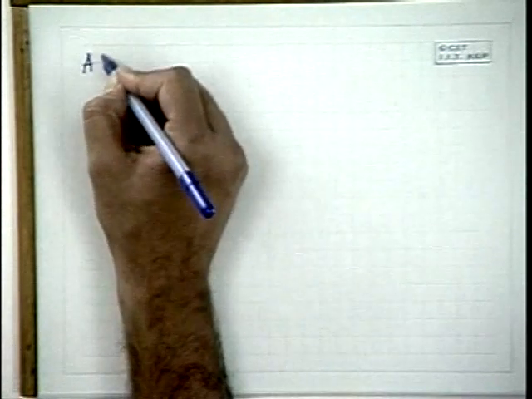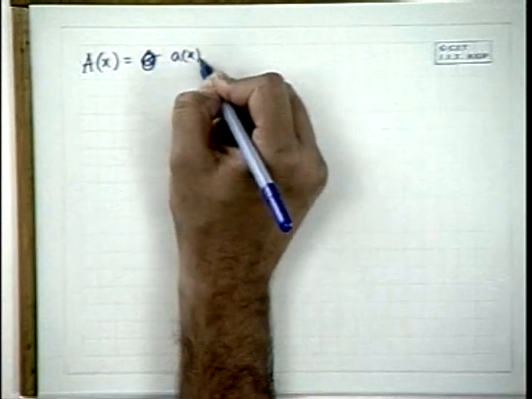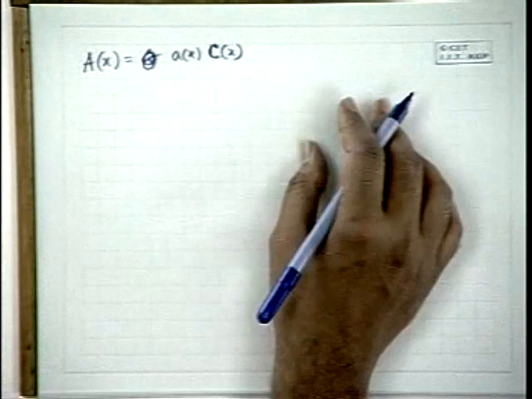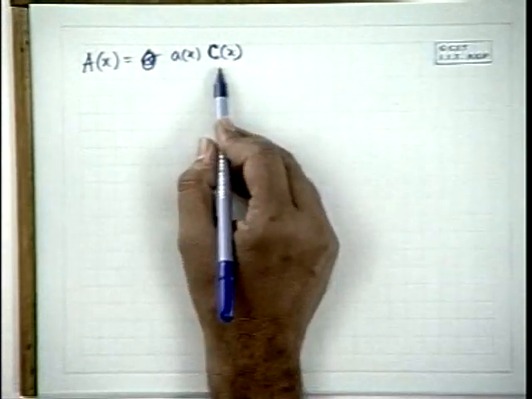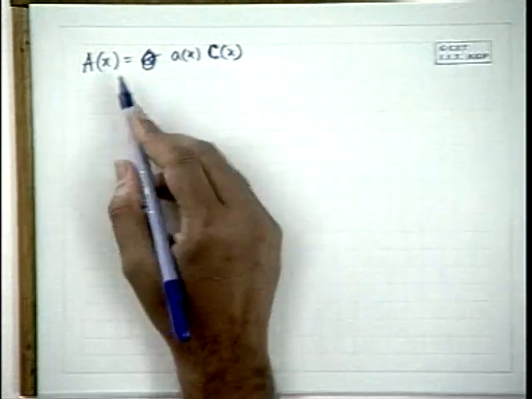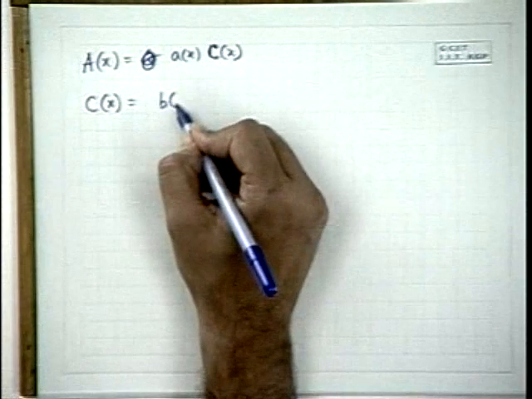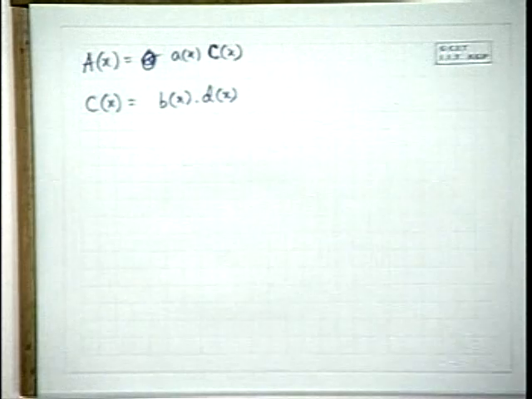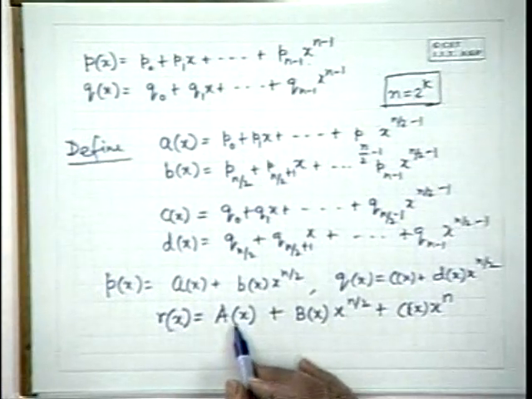So ax is nothing but ax times cx. We have already defined ax and cx. If you multiply ax times cx, it will give you the first component. Similarly, cx is nothing but bx times dx. Actually, what I just told you is not right. I cannot say that ax has power less than or equal to x to the power n over 2.